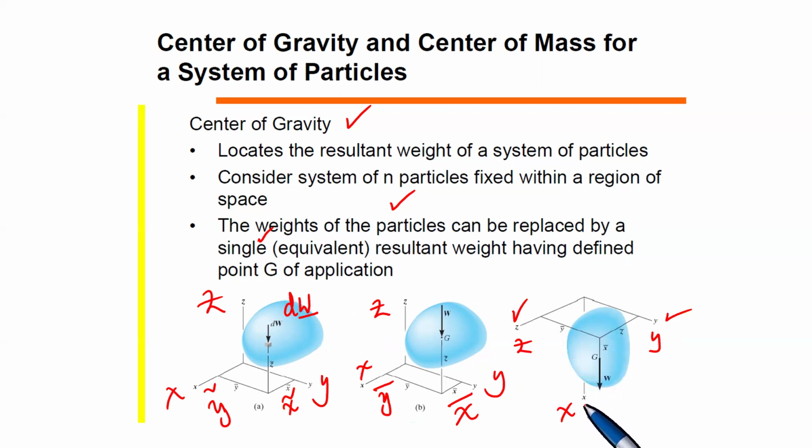This resultant weight tends to have a defined point G of application. The weight is straight down itself, and the point G of application constitutes the most desired center of gravity that we search for in objects all the time.